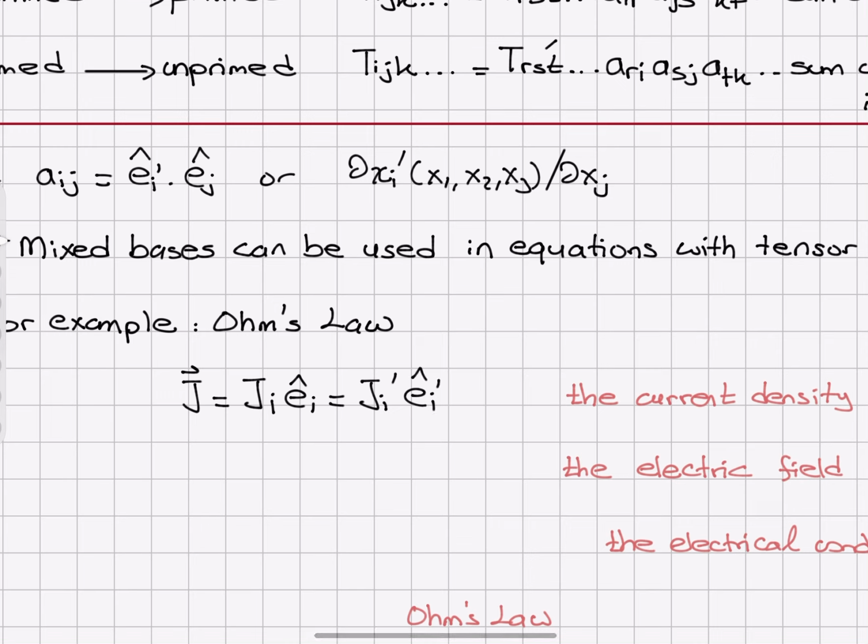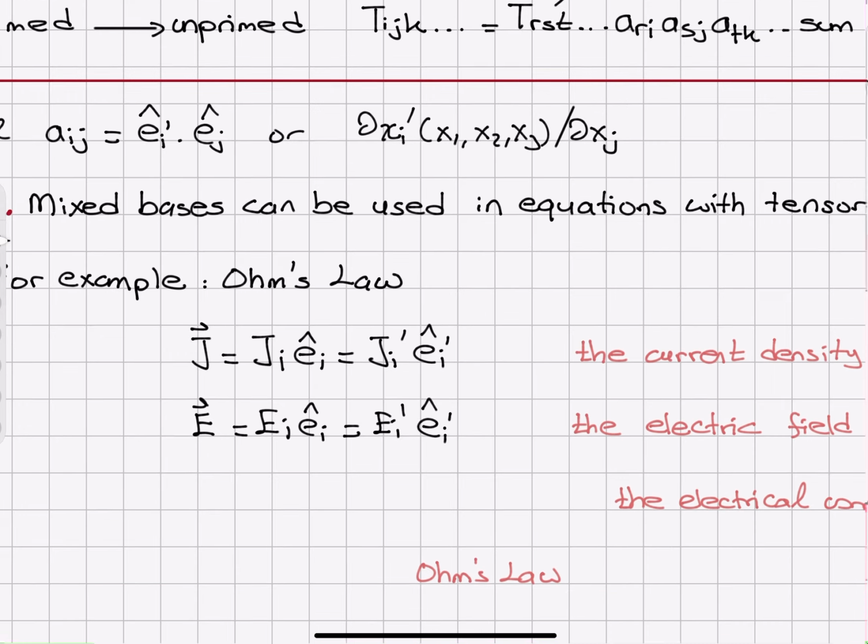And the corresponding electric field E can be written as E_i e_i hat or E_i prime e_i prime hat in the primed coordinate system. And I have a second rank tensor, the conductivity tensor, which is sigma_ij e_i hat e_j hat in the unprimed coordinate system, or sigma_ij prime e_i prime hat e_j prime hat in the primed coordinate system.